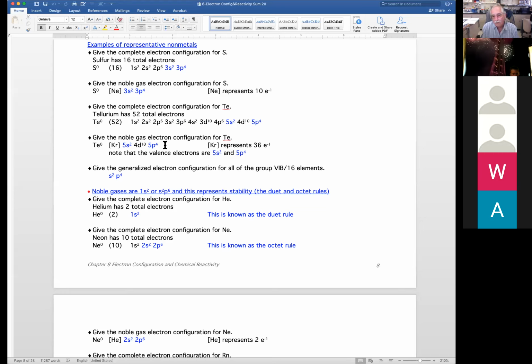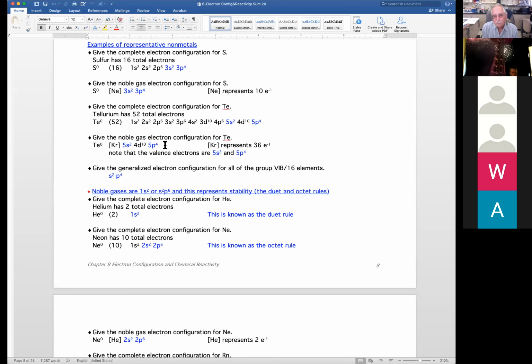So now if we look at all the elements in group 6, what do they all have in common? 6 valence electrons. And how are those electrons arranged? They're s2p4.